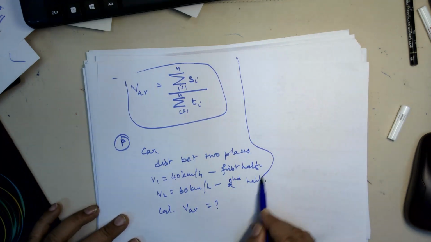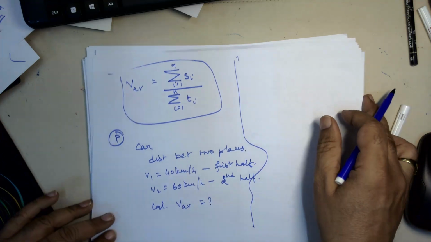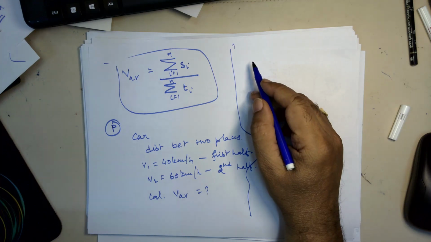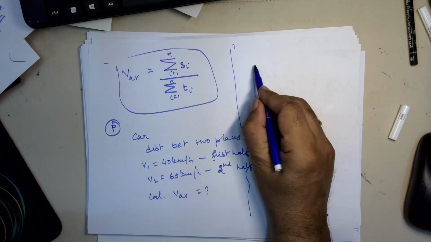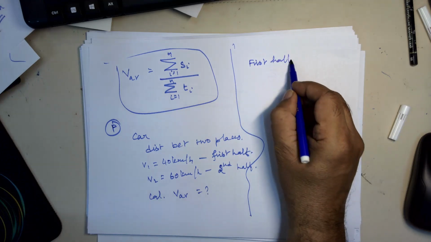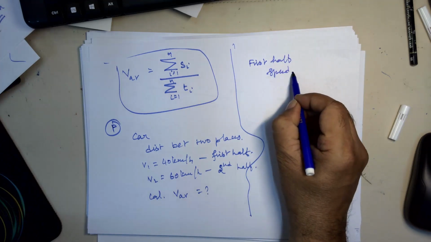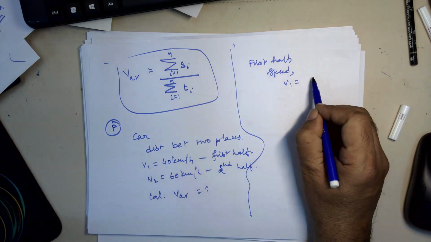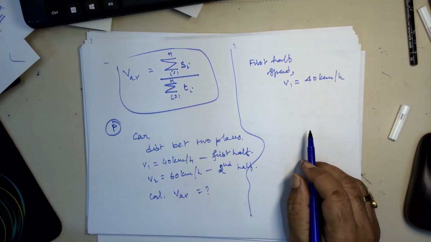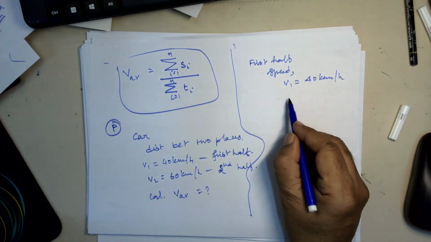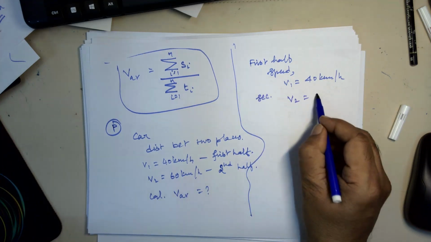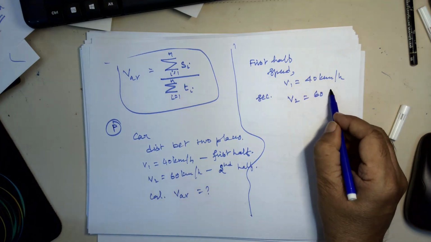So how can you proceed? A car moves with the speed, let me say the first half speed, that is V1, is equal to how much? 40 kilometer per hour. Got it? And the second half, V2, 60 kilometer per hour, right?